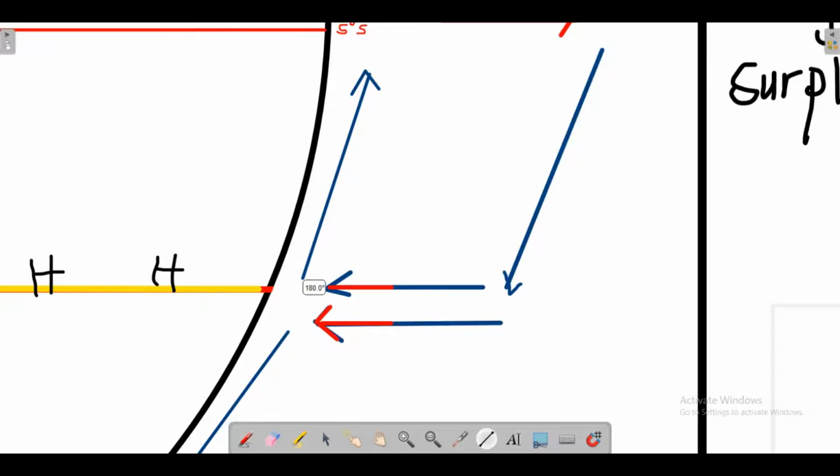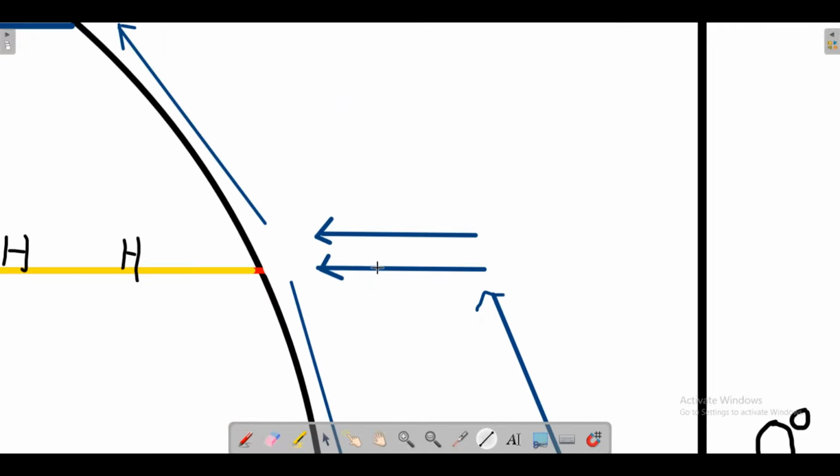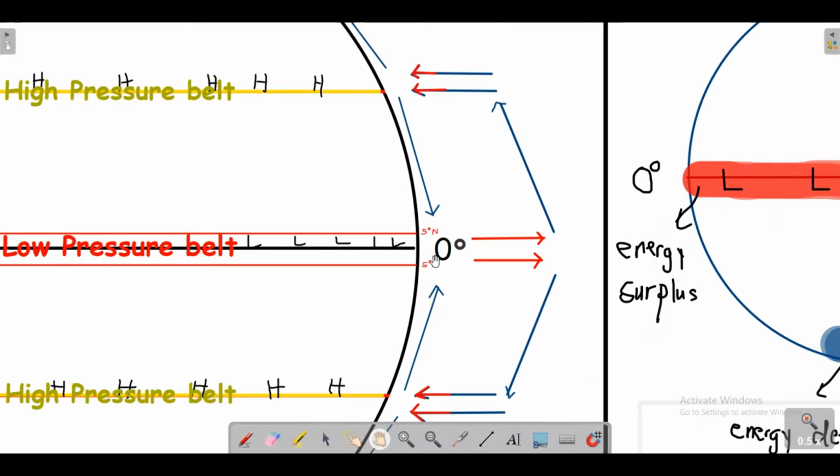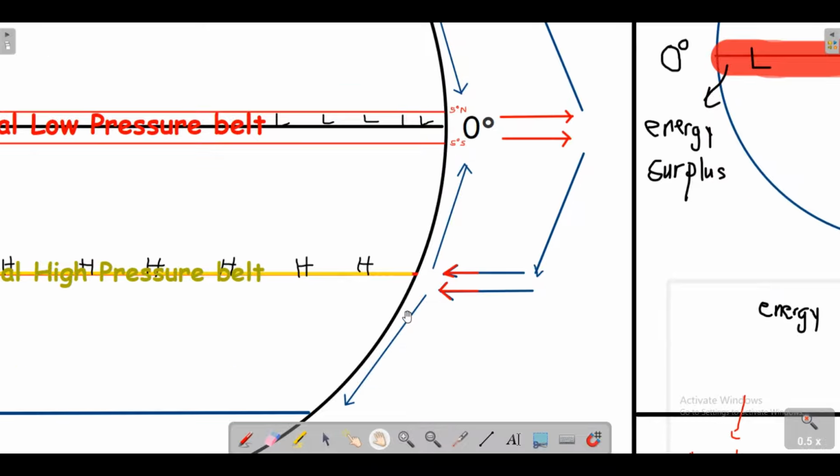We say that it warms up due to adiabatic warming. As it rises up, it cools down. As it sinks down or descends, it warms up. So we call that adiabatic warming. The sunny weather that we experience at around 30 degrees is due to this. We'll touch on this more in the coming topics.